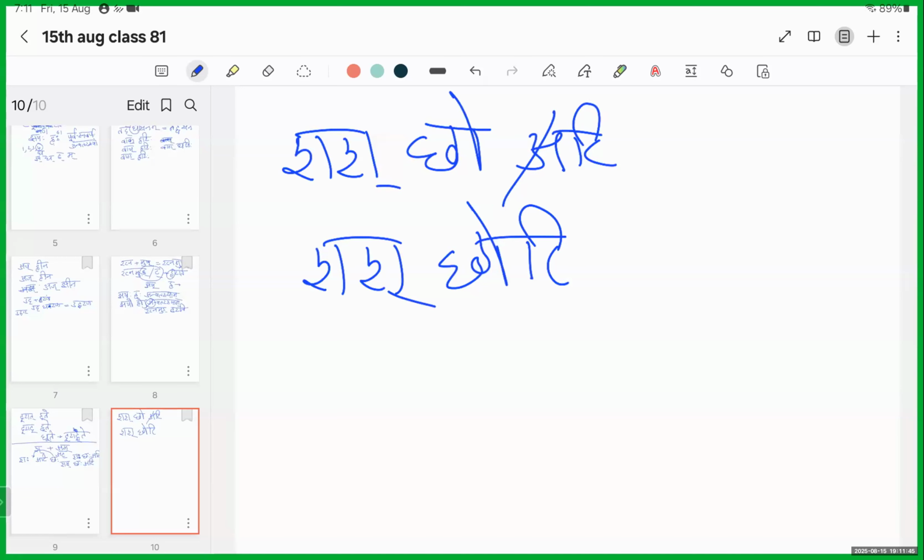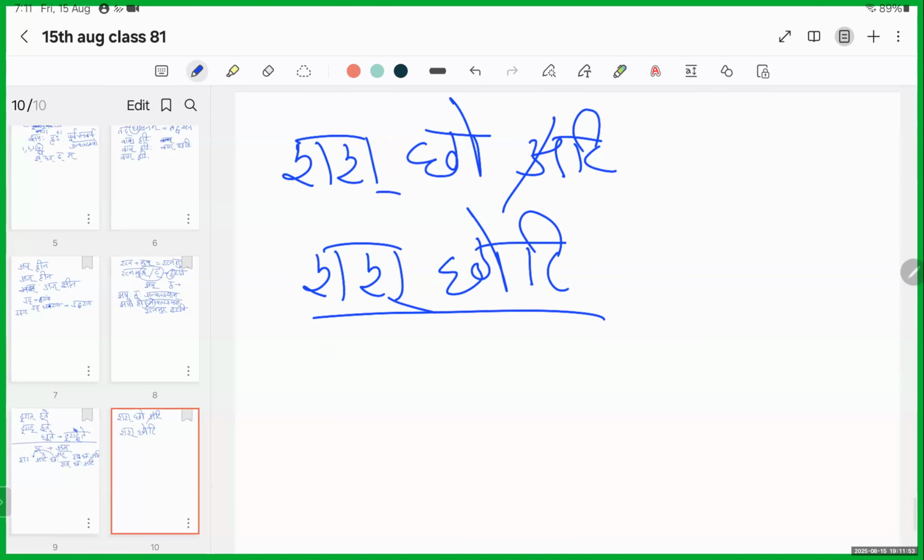Now, Vartikakara wants to say, look, this rule is not totally inclusive. You need to extend it. So what will he say? This is your sutra, Shashchoti, and the Vartikakara will say, Ami iti vaktavyam. Means what?